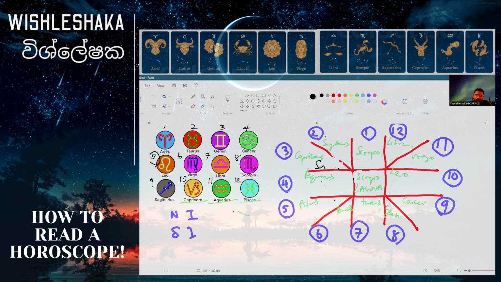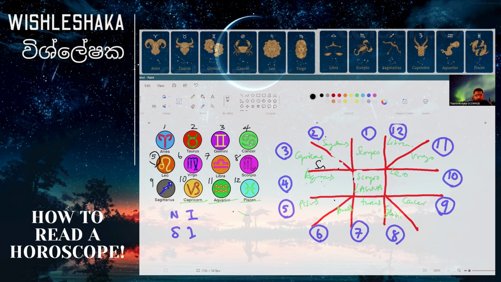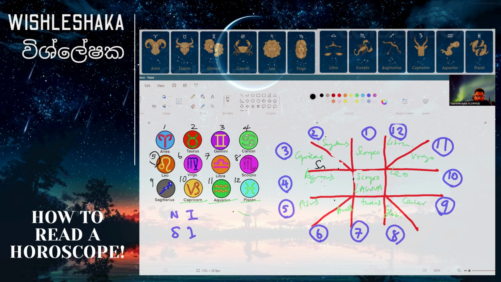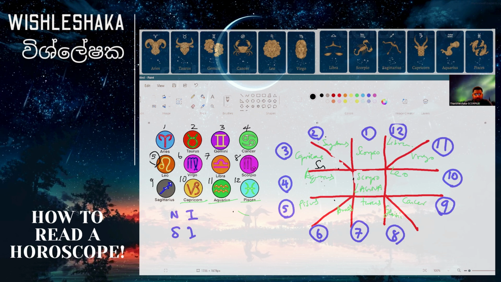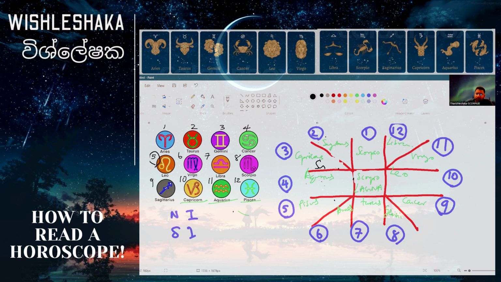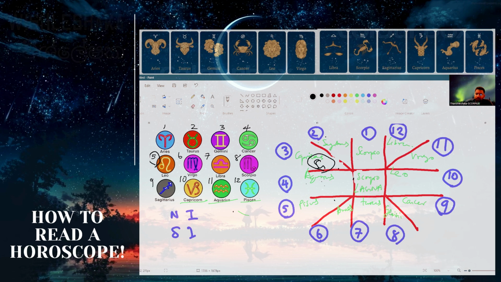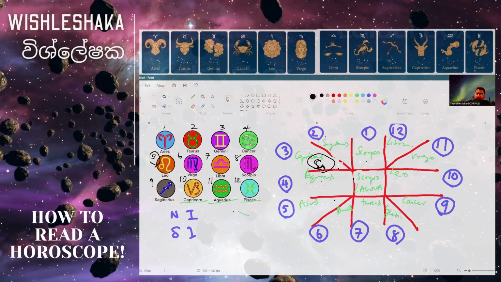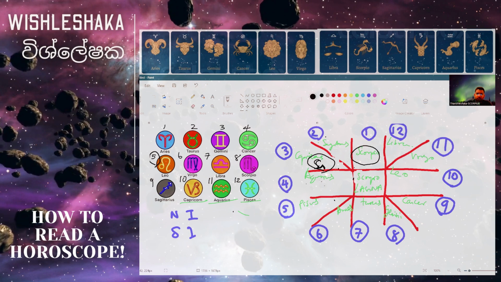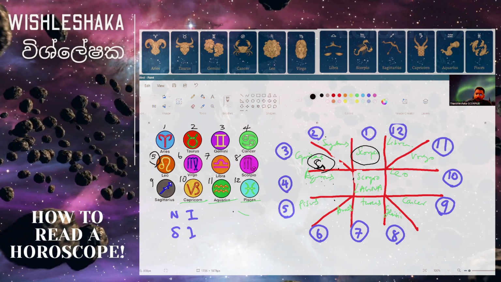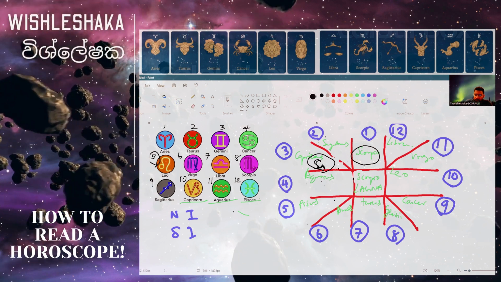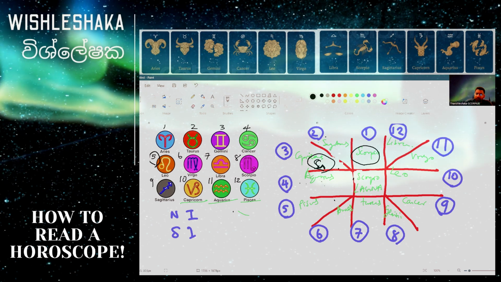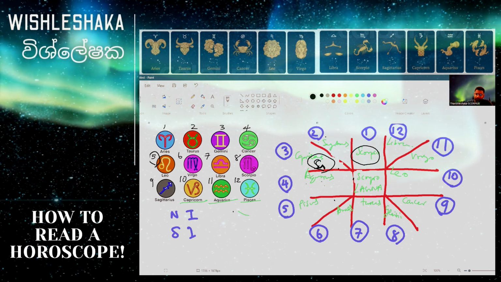When you put in your birthday and read your horoscope, why is the Sun there? On your birthday, the Sun was in front of the Capricorn constellation, and you are born as a Scorpio. So now you put Capricorn as your third house, and the Sun was in front of Capricorn.